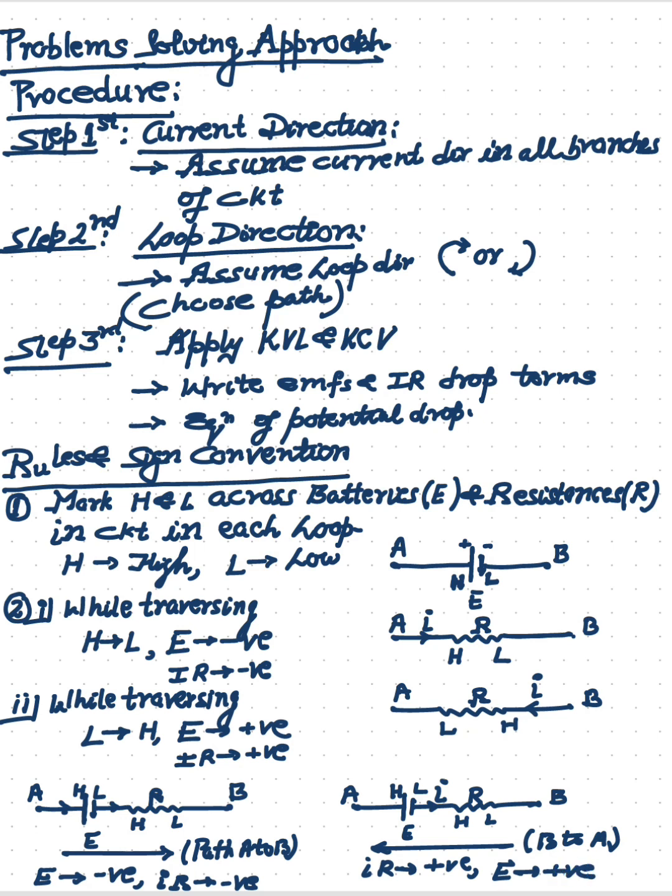And if I change the direction of the current to B to A, then this will be high and this will be low. In this case we travel high to low, so IR will be negative. So these are the rules to solve complicated electric circuit problems and to apply KVL and KCL.